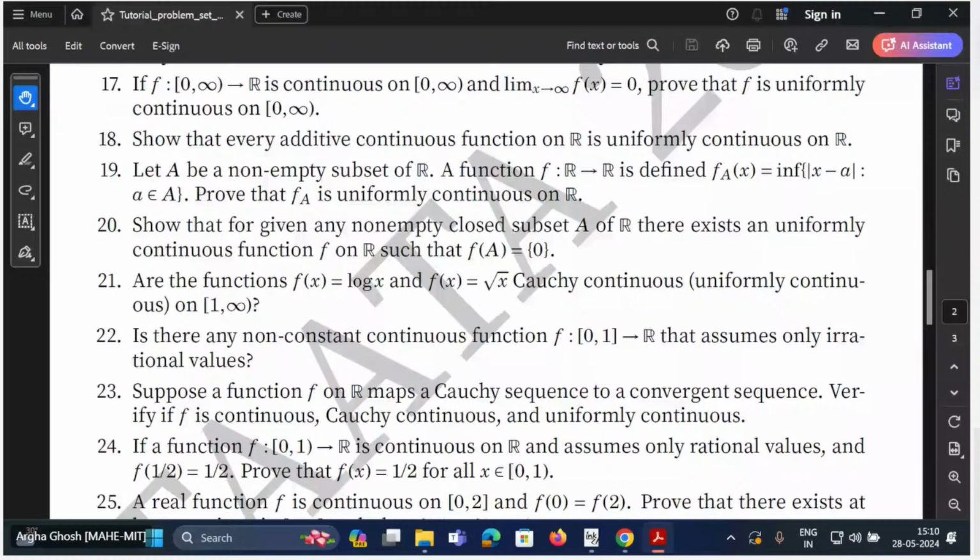If you just look at the problem, it is not going to solve by its own. You have to think about it. Try to write on a paper and try to solve it. So what do you have to show? For a given epsilon, you have to find a delta such that it will work.